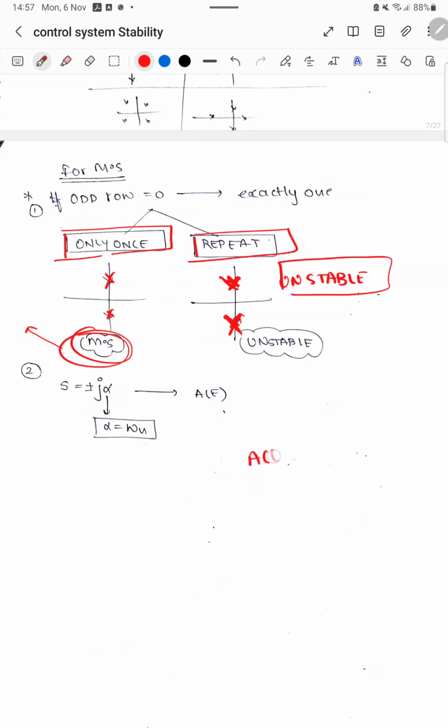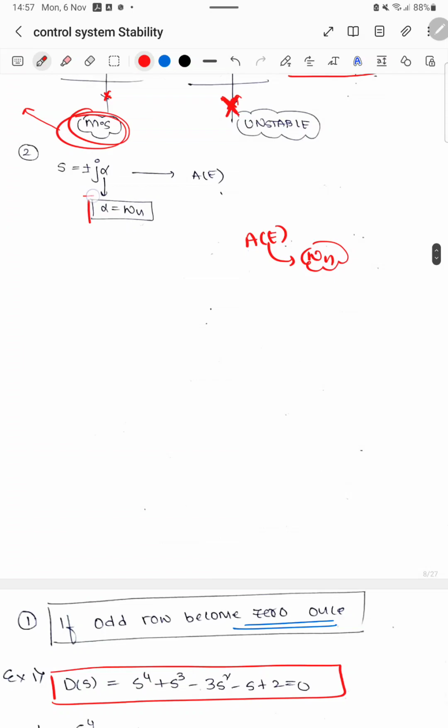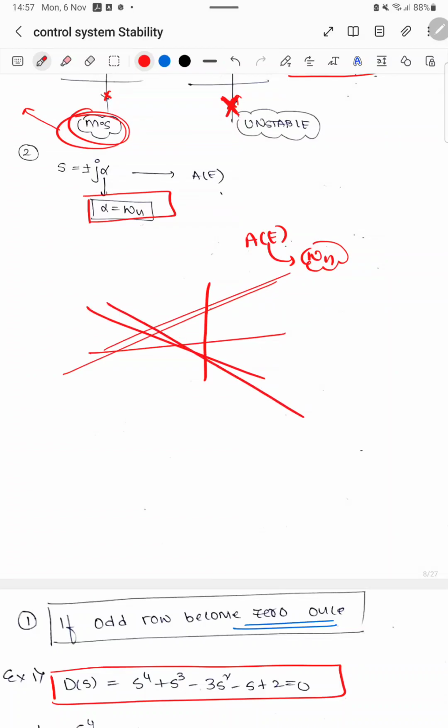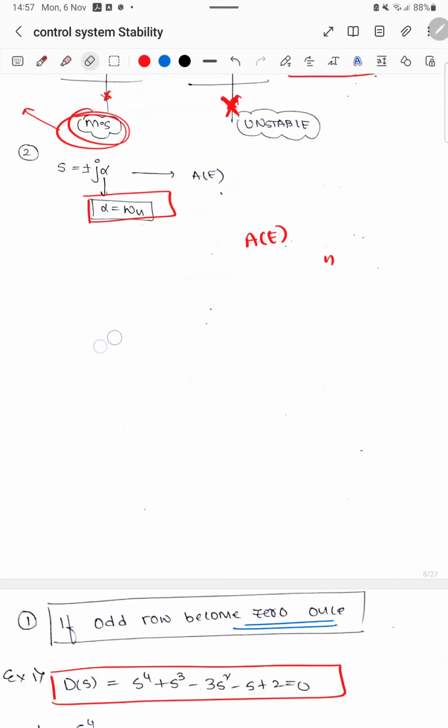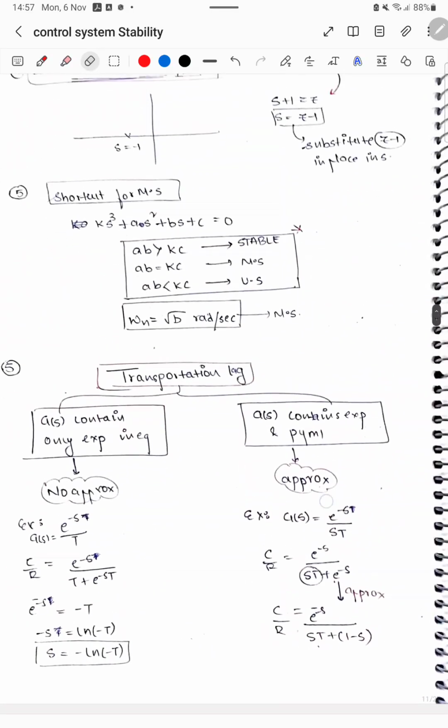Also, the roots of the auxiliary equation give omega n. We can also say that the roots of the auxiliary equation are where it crosses the imaginary axis. Fine, so this was the concept.